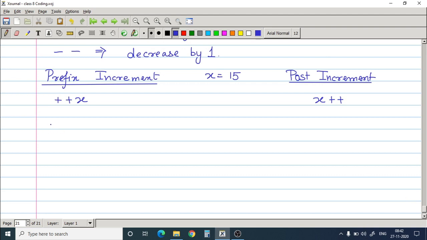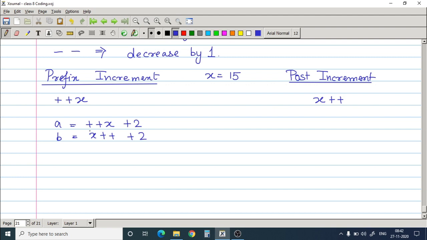Take for example x equals 15 that we have taken, and a equals plus plus x plus 2, and b equals x plus plus plus 2.